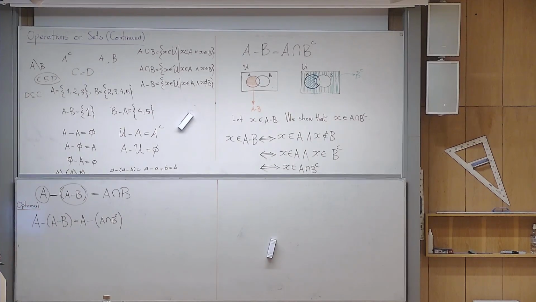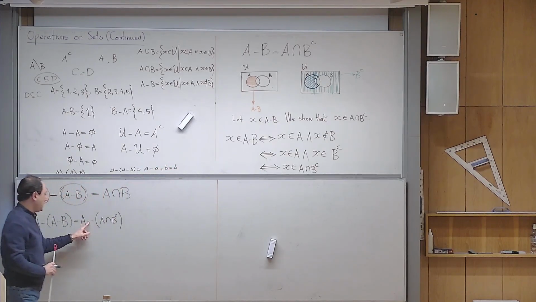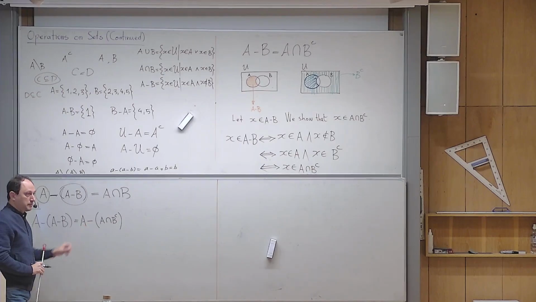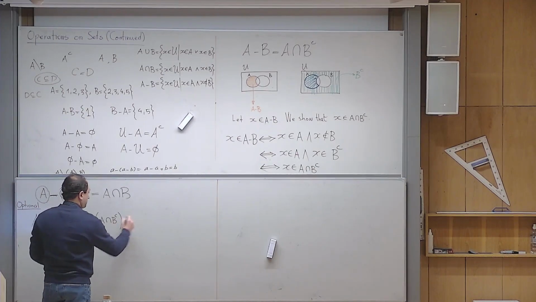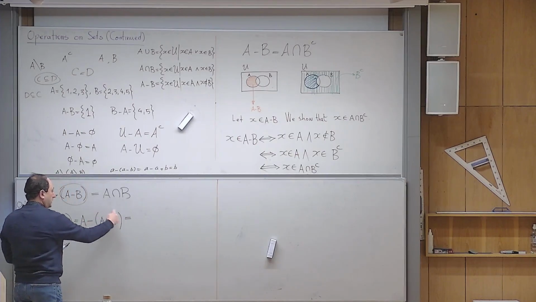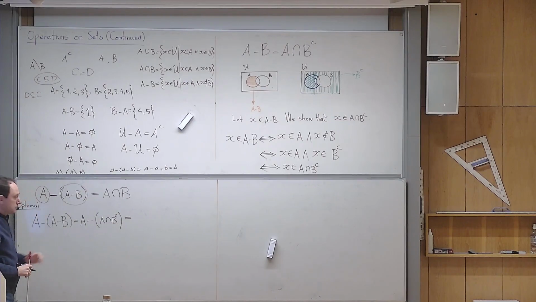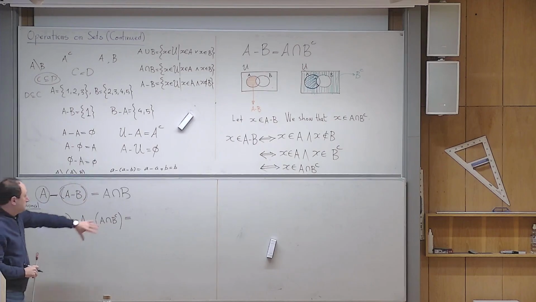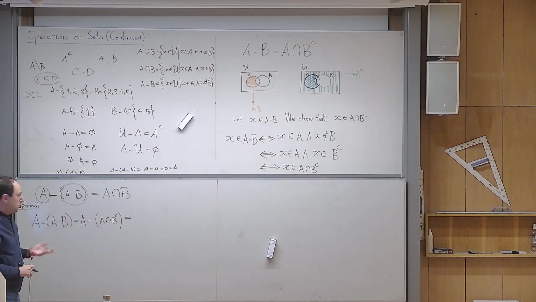Okay, now can you help me to continue? I want to use this theorem once more because I have another subtraction here. So what can I do? Can you tell me what to do? Now this whole thing is playing the role of B. Yes? So I have A as I have there, I have minus as I have there, but this second one is playing the role of that B. So what can I do?